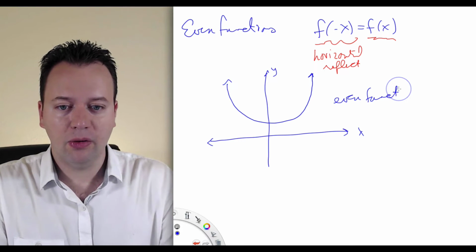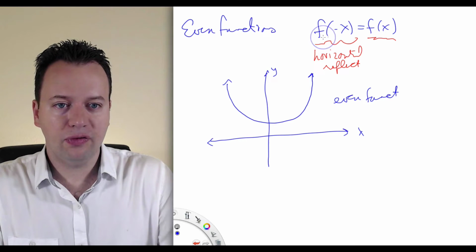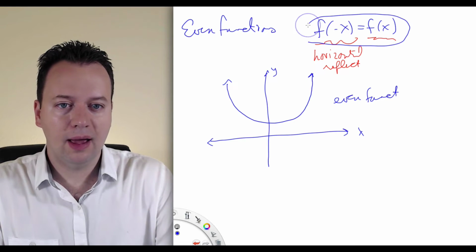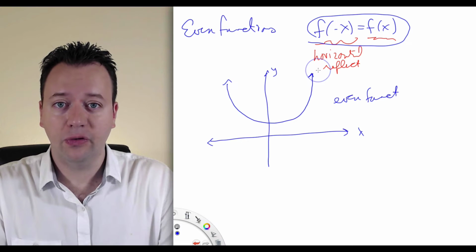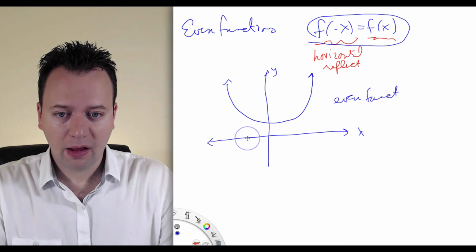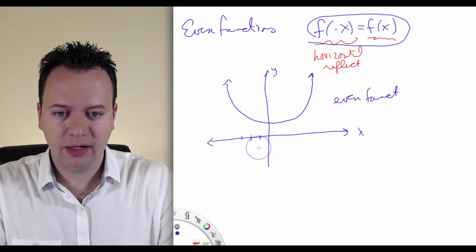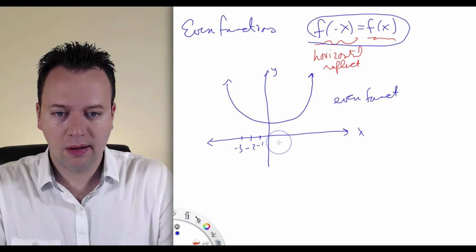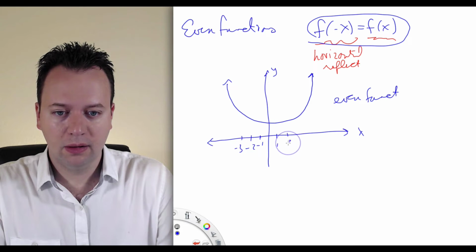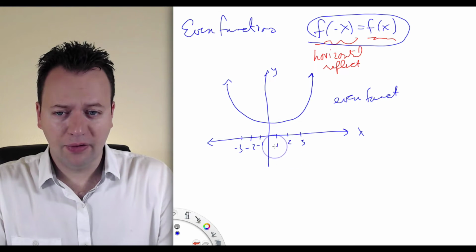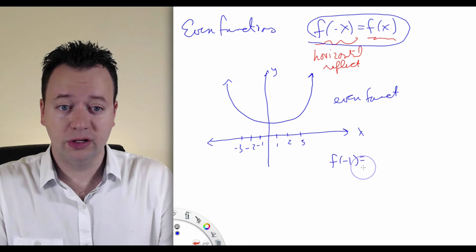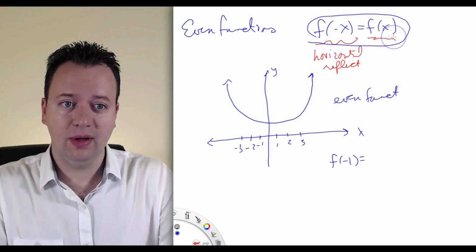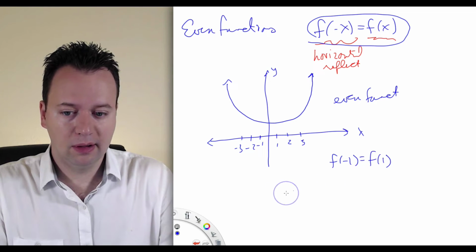A second way to look at that is to think of this definition as a prescription for how to generate the outputs for the negative x values. So for example, say I have minus 1, minus 2, minus 3, and then I have 1, 2, 3. If I want to compute f of minus 1, if it's an even function, f of minus 1 has to equal f of 1, right?